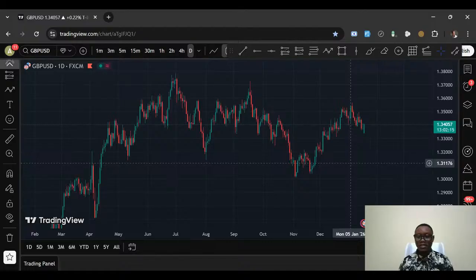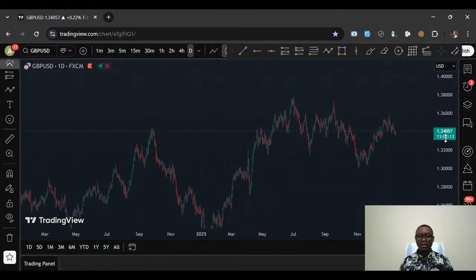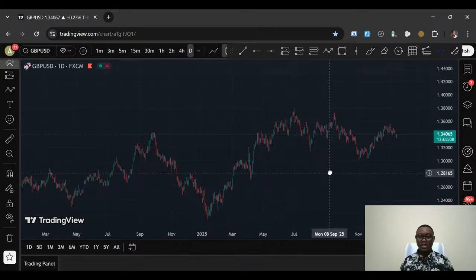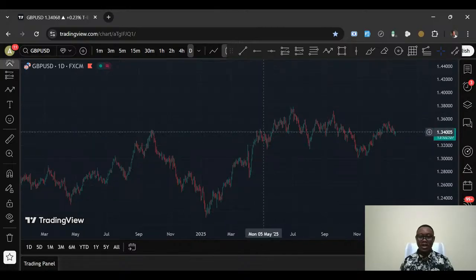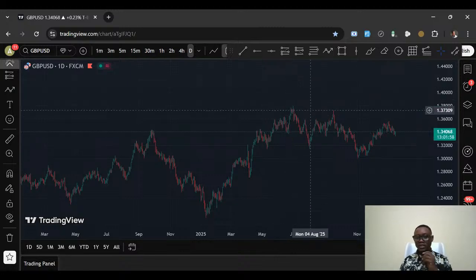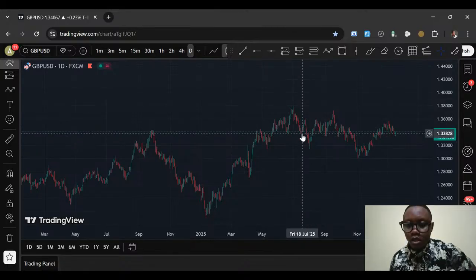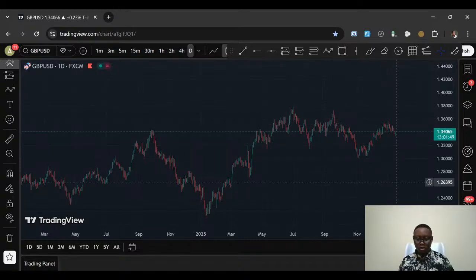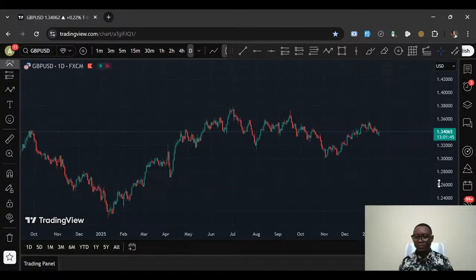So if you look at this market on the daily time frame, the market is obviously bullish, because price has been creating highs and lows, highs, lows, highs. The last high here was taken out, and so currently price is creating a bullish movement.